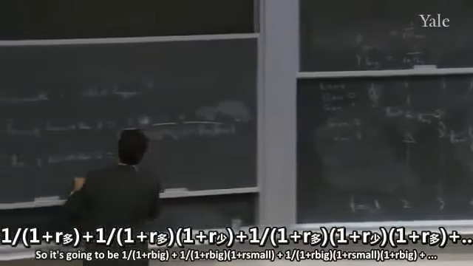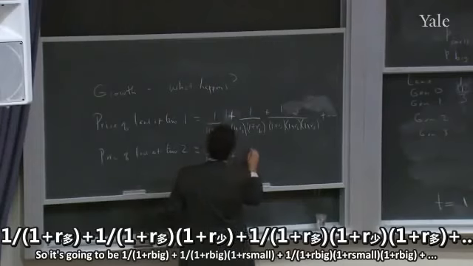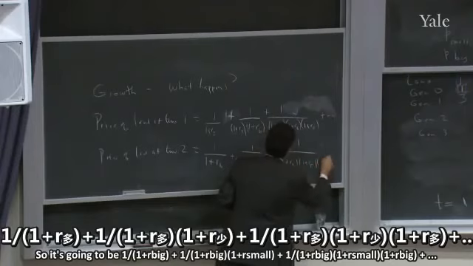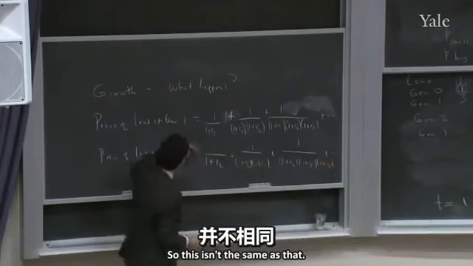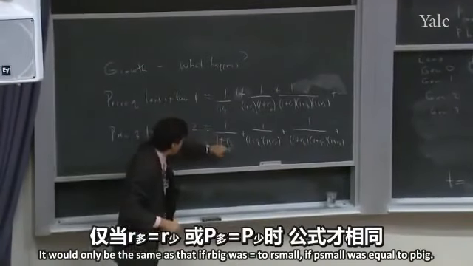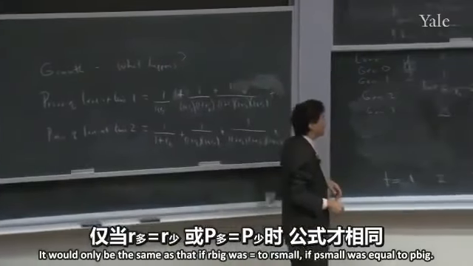Okay, so it's going to be 1 over 1 plus R big plus 1 over 1 plus R big times 1 plus R small plus 1 over 1 plus R big times 1 plus R small times 1 plus R big plus dot dot dot. So this isn't the same as that. It would only be the same as that if R big was equal to R small, if P small was equal to P big.